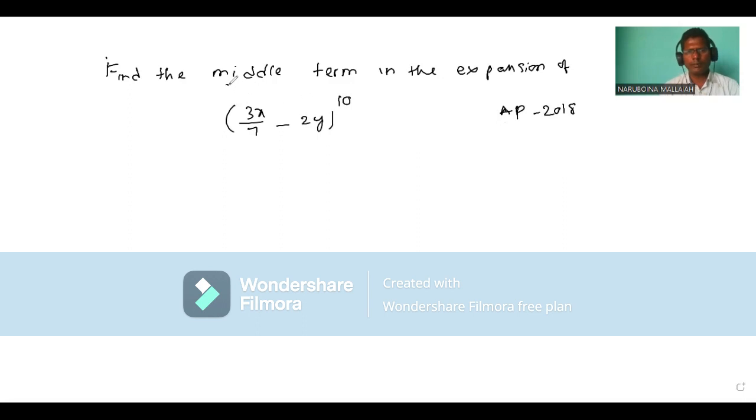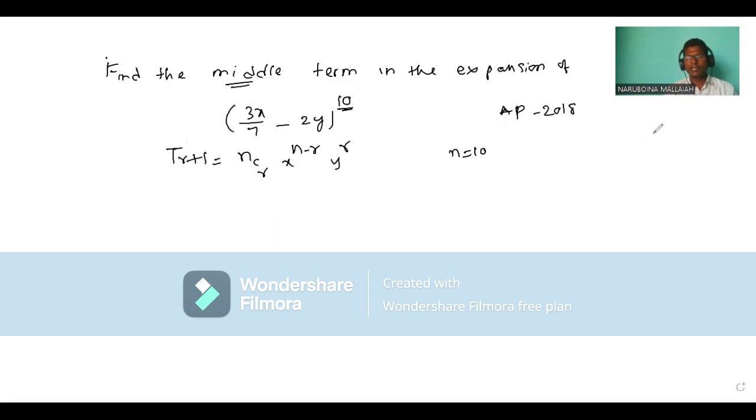Here, to find the middle term or any term, use only the general term formula, that is T(r+1) is equal to nCr x to the power of n minus r into y to the power of r. Now here the power is 10, that means n is 10.